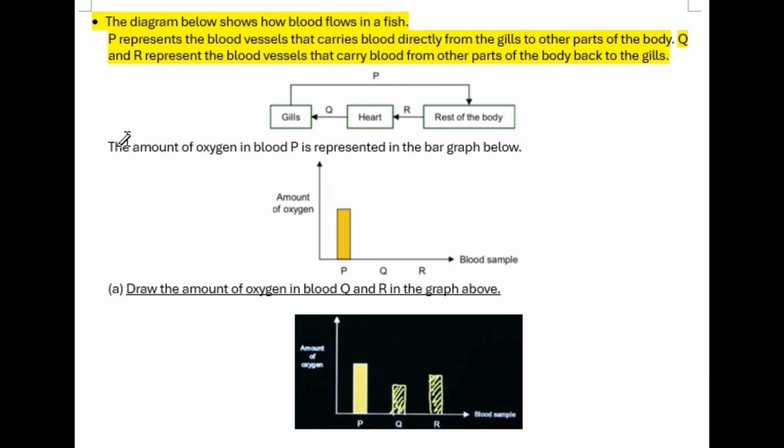The amount of oxygen in blood P is represented in the bar graph below. Draw the amount of oxygen in blood Q and R in the graph above.